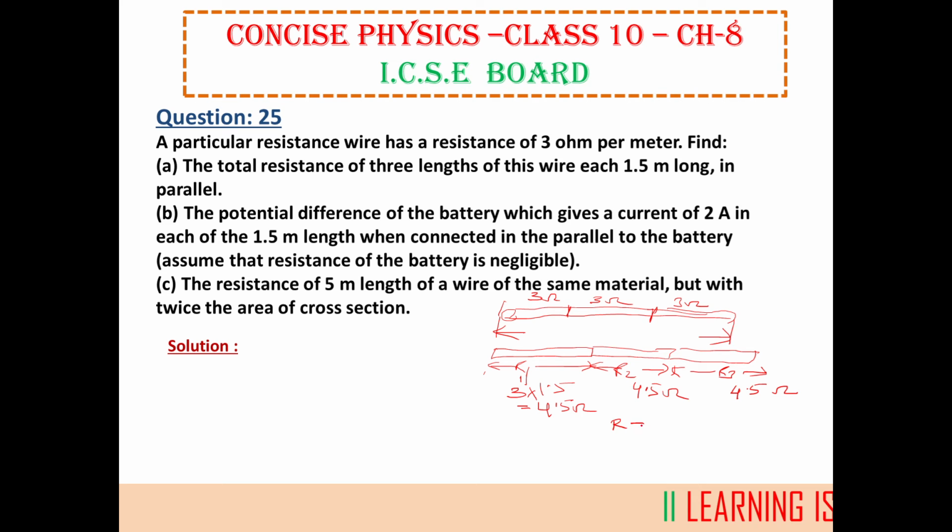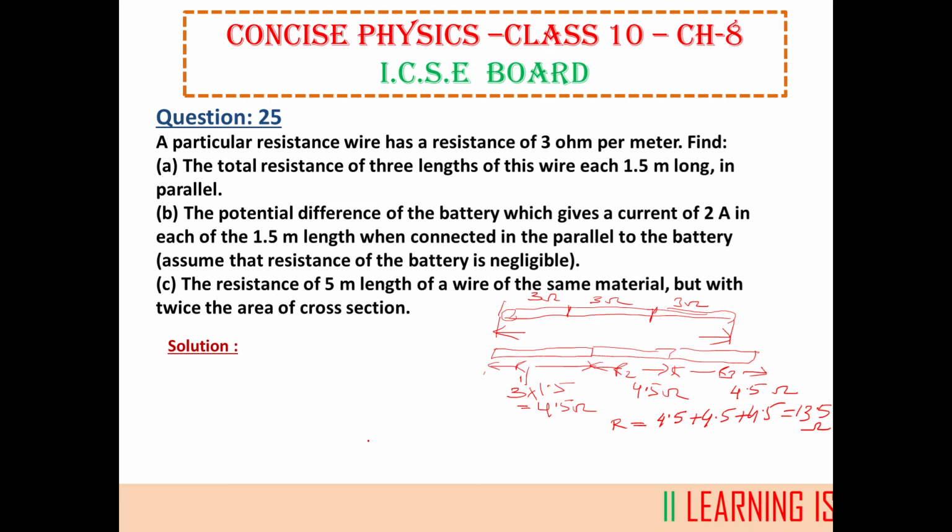So the total resistance of this wire will be R equal to what? 4.5 plus 4.5 plus 4.5 equal to 13.5 ohm. Correct? So this will be 13.5 ohm.